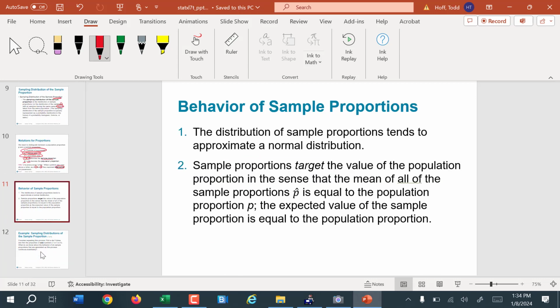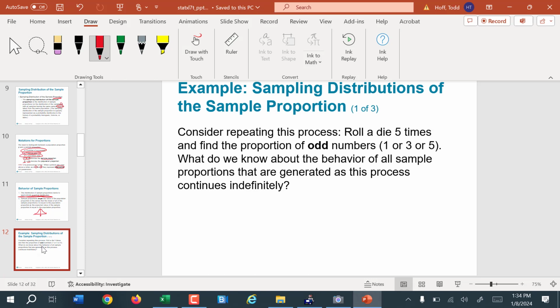So, some behavior of the sample proportions. Again, they tend to be approximately normally distributed, and their target value, meaning the center of that bell curve, is the population proportion. An example here would be rolling a die. We're going to consider rolling an odd number a success.